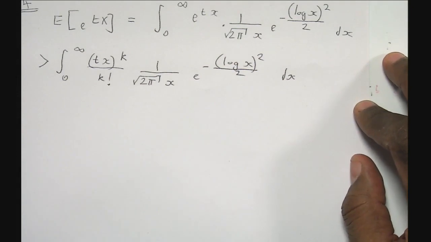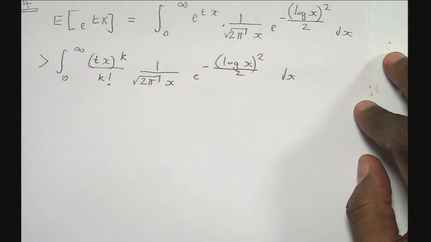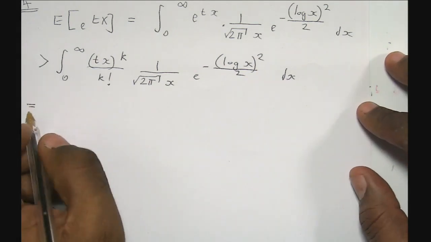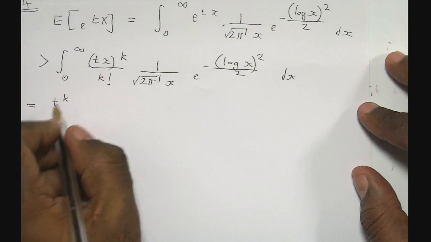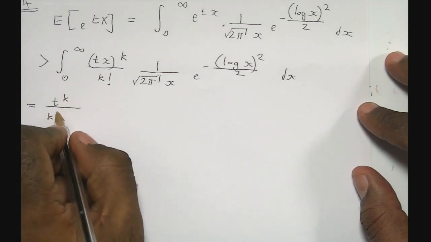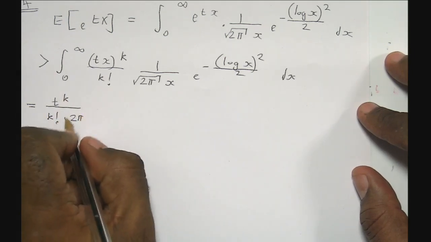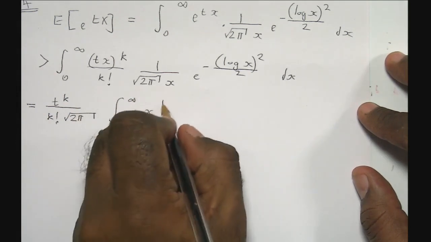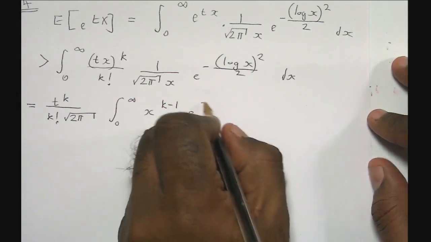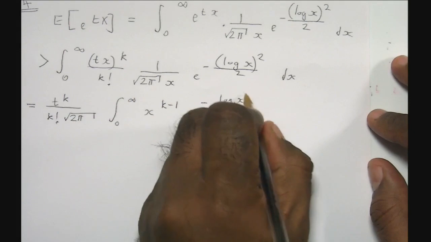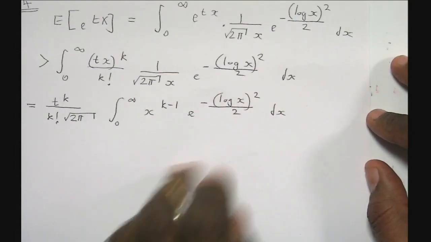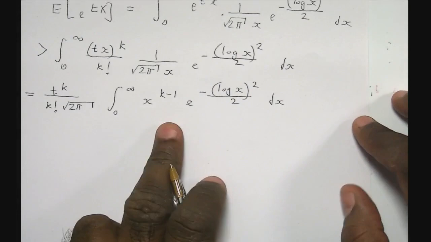So I'm not going to fix a value for say 1, 2, or 3, or 4. So I'm going to leave k as k. So this becomes this, right?